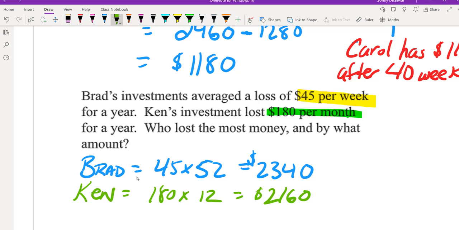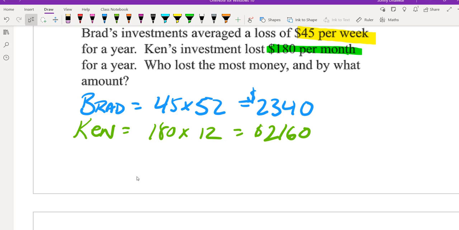Okay. Who lost more money? Brad, right? How much more did he lose? How do we figure that out? Yes, Amber? You subtract the numbers. Yeah, we find the difference, right?